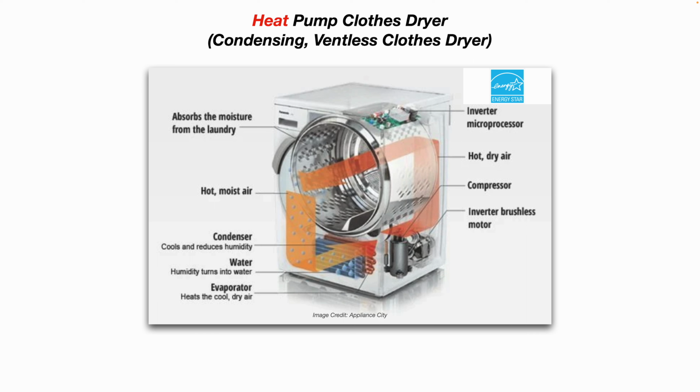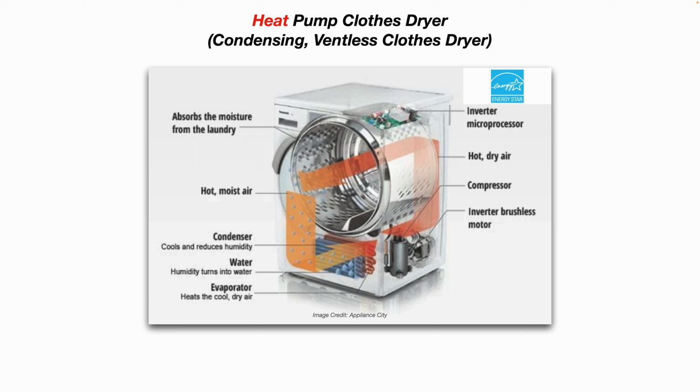And then the air flows through the evaporator where it heats the cool dry air, and then the fan circulates that air back through your clothes in the drum, and the process repeats itself.